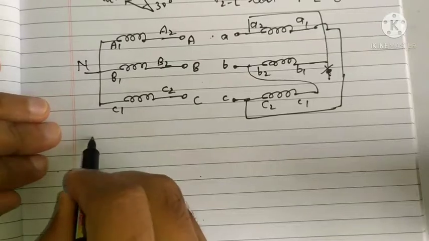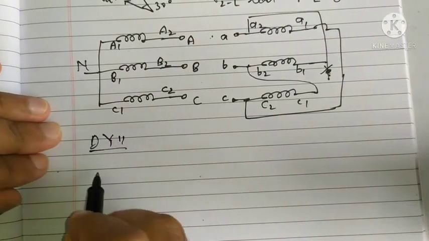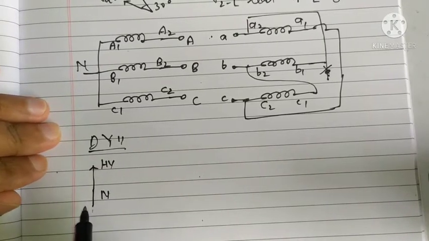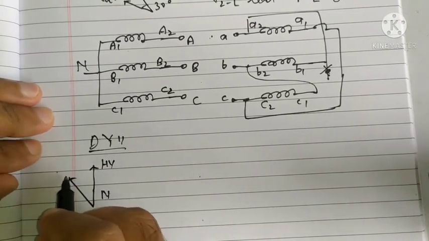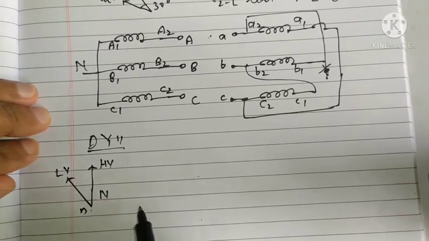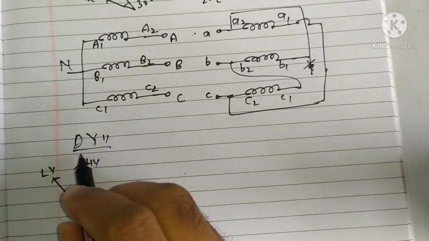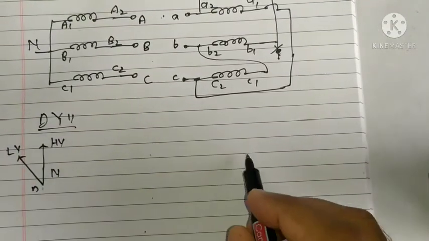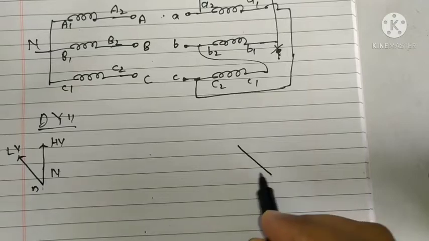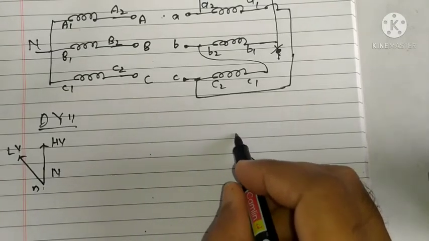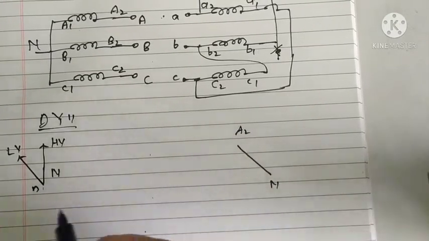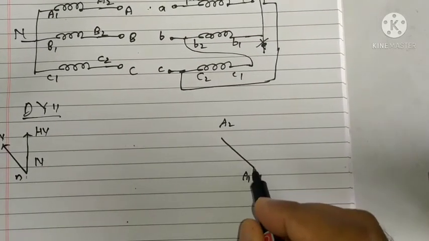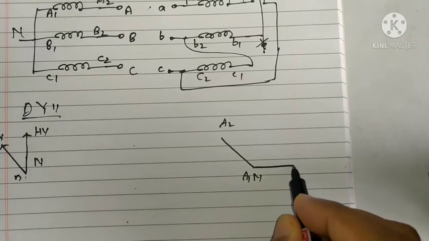Let us go for DY11. HV to neutral is here, and LV will be at 11 o'clock. Mind you, delta is followed by star, so I will go for star first, and star is at 11 o'clock. So this is A2N, and it is also the A1 terminal, and if it is A2 A1, B2 B1 will be here.